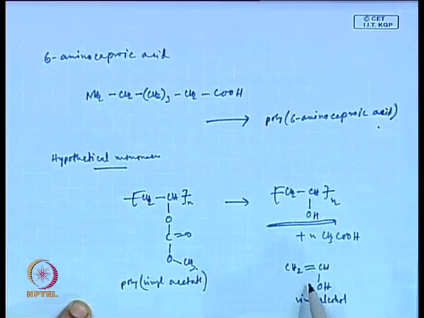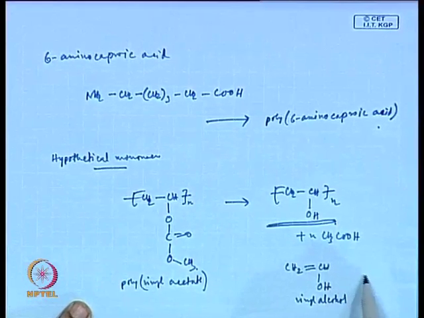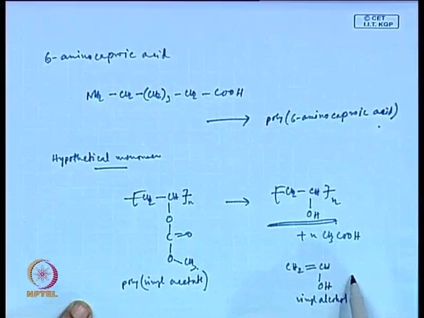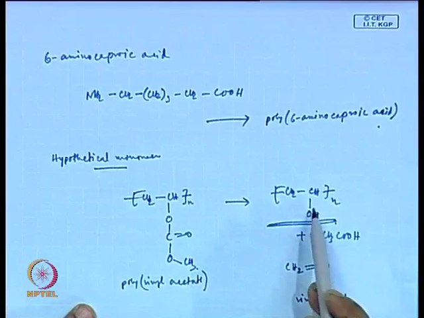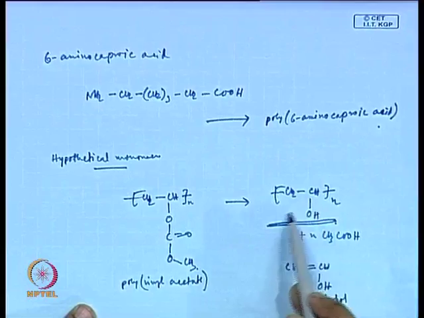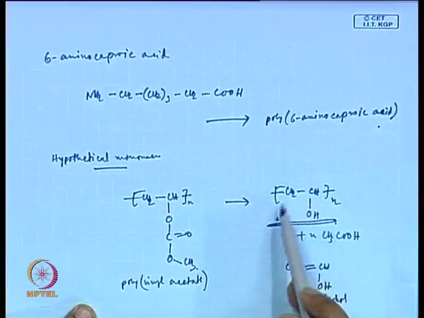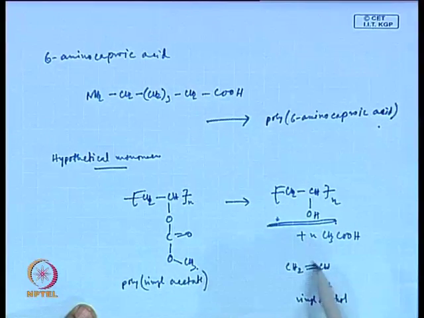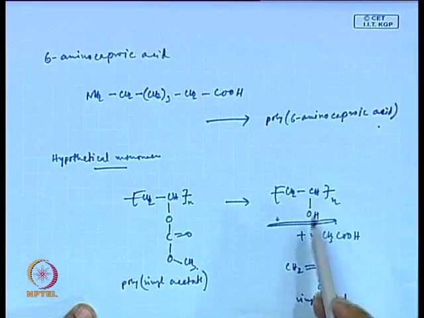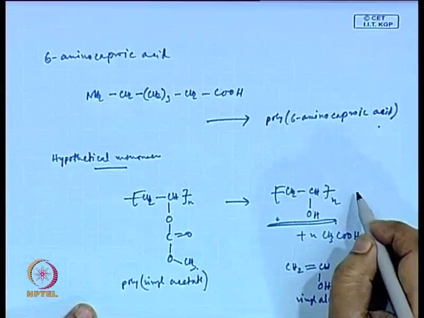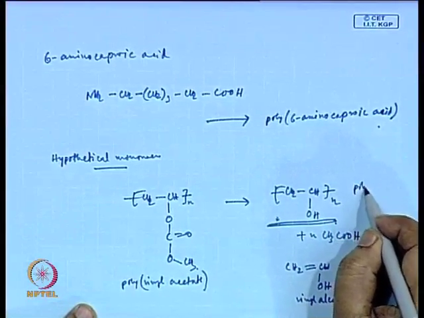Now, you know, as a matter of fact, that this does not exist as such independently, because it exclusively exists as its tautomer, acetaldehyde. But because this polymer looks like it has been synthesized from a hypothetical monomer like this, this polymer is generally named polyvinyl alcohol.